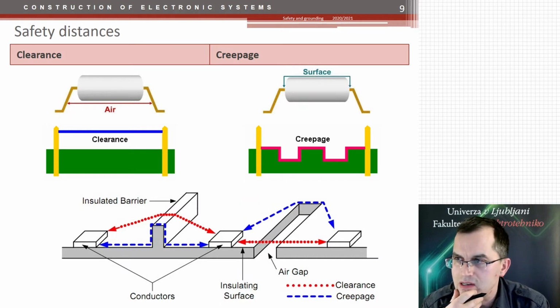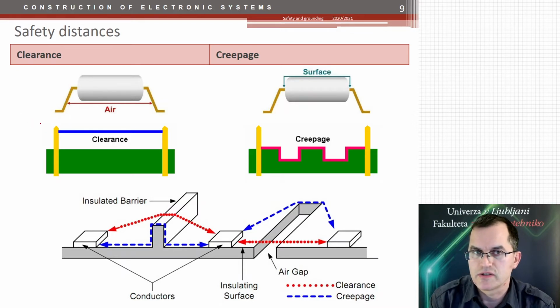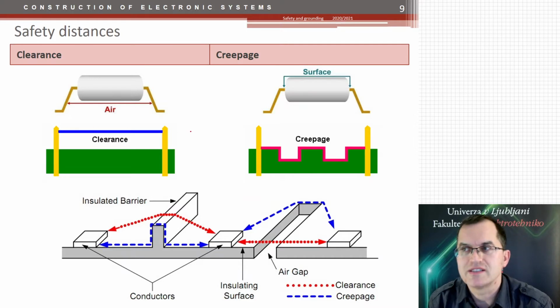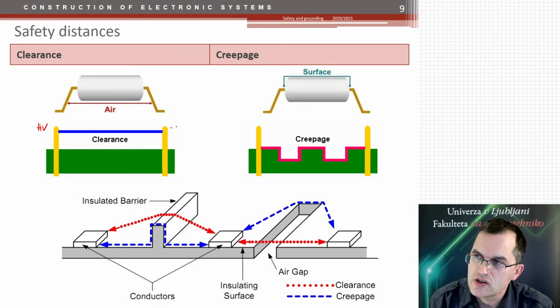So in your device, let's say you can touch this side and that side is connected to high voltage. And between these 2 parts of your circuit, you have to provide a certain clearance, which is the shortest distance between these 2 parts. So this is a high voltage part and this is the touching part.